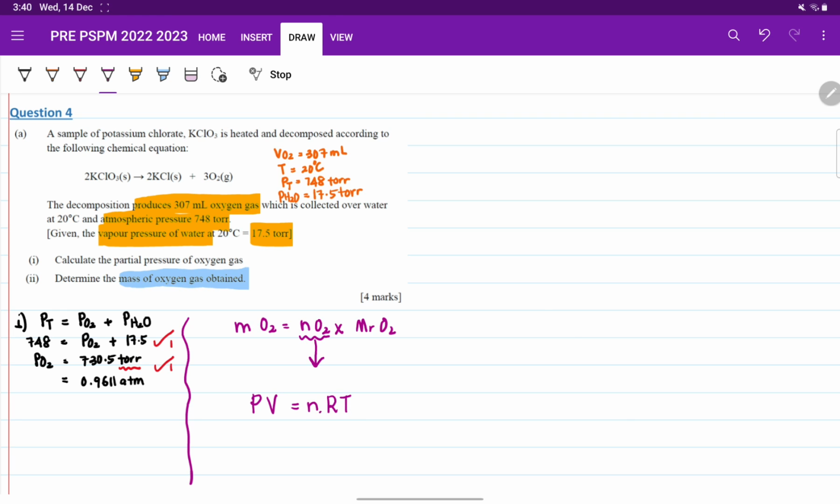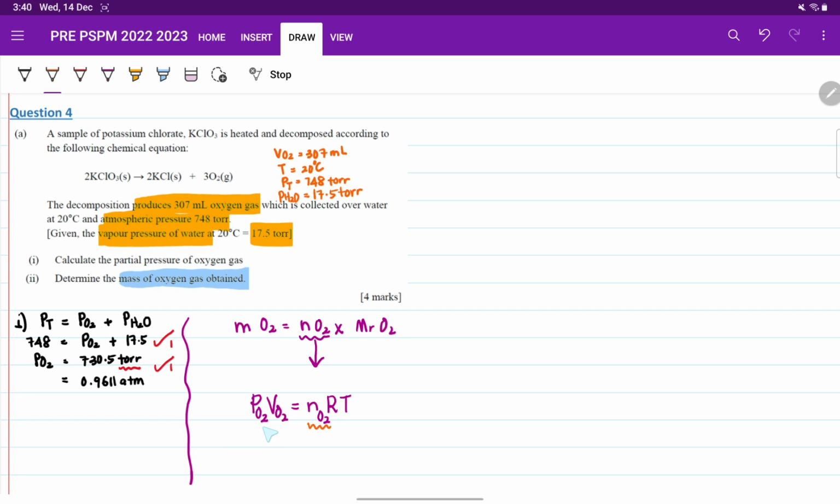Okay, so here, since we want the number of mole of oxygen gas, the pressure over here must be the pressure of oxygen gas, and the volume will be the volume of oxygen gas as well. So, to use this equation, we have to check whether we have enough information. This is the one that we want to find, number of mole of oxygen gas.